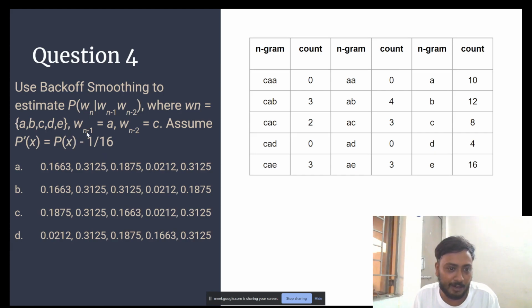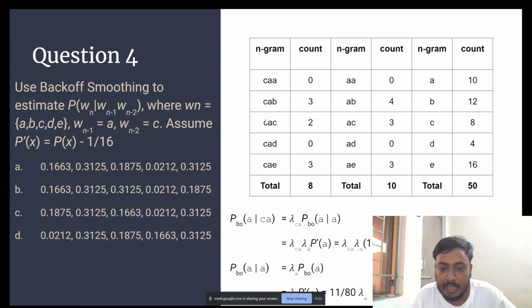All the probabilities which are high get reduced by this value, and the zero probabilities get a share of that value. So the modified or discounted probability is the standard probability minus 1 by 16. The notation here may be different, but it means the same thing as what you understand in back off smoothing.